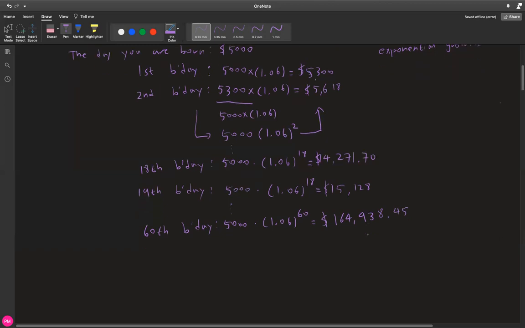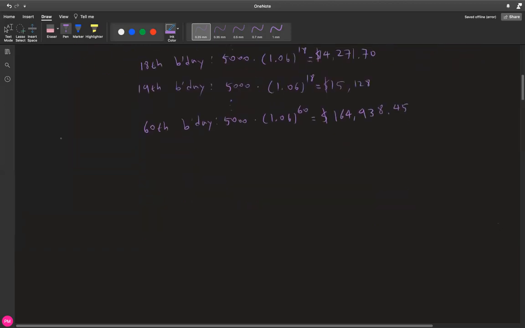So let's keep everything like that. But now suppose the initial deposit amount was $10,000 as opposed to $5,000.